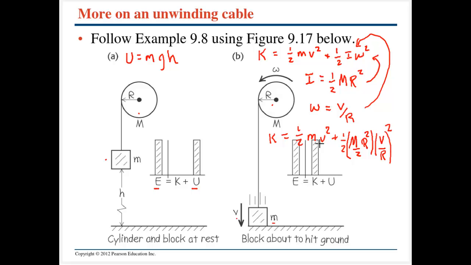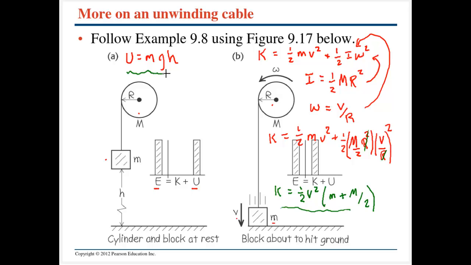And we can see that some of these radii are going to cancel out, and we can simply rewrite this. The kinetic energy is going to be 1/2 v squared multiplied by the little mass plus the big mass of the pulley divided by 2. So here I have an expression for the kinetic energy afterwards.